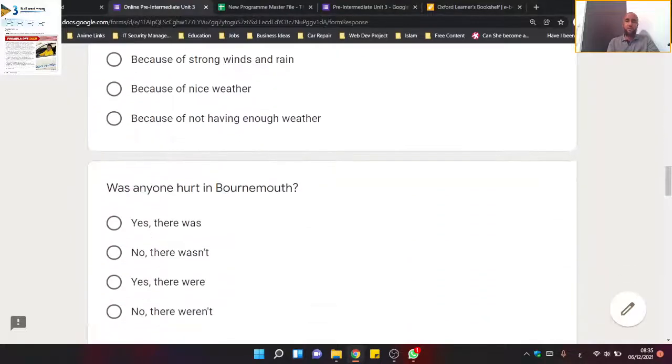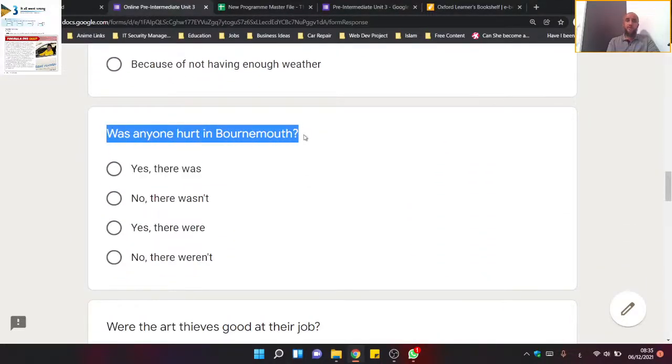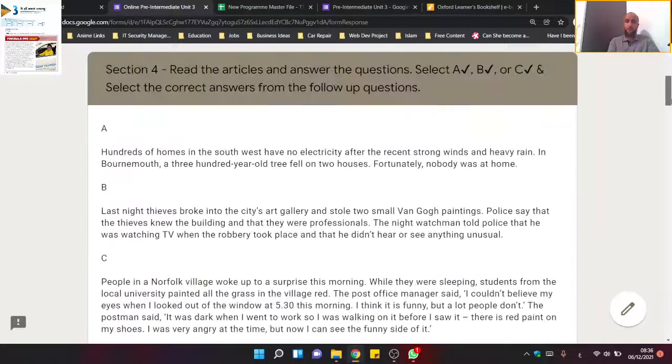Let's choose a random question. Have a look at this one. Was anyone hurt in Bournemouth? So hurt يعني في أحد يعني عور. Did anyone experience an injury? If you remember the word Bournemouth, this is a place, and this is from the first story.